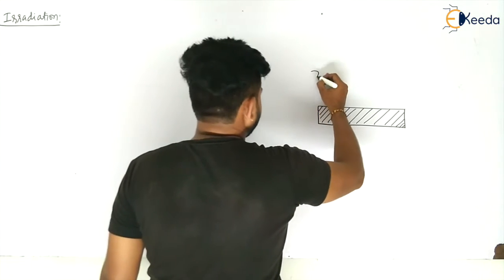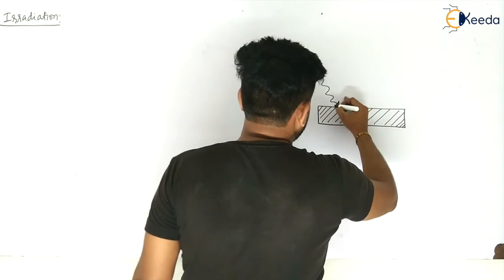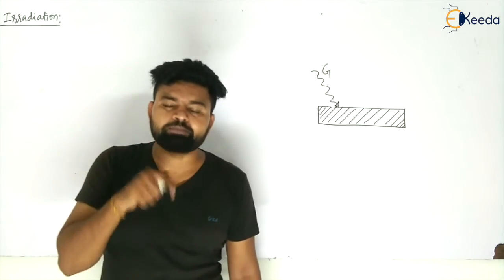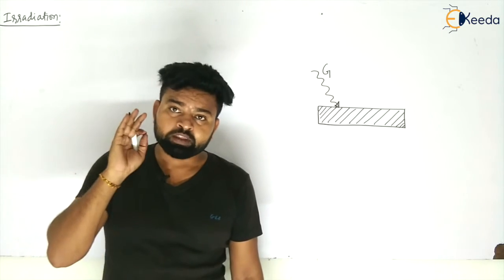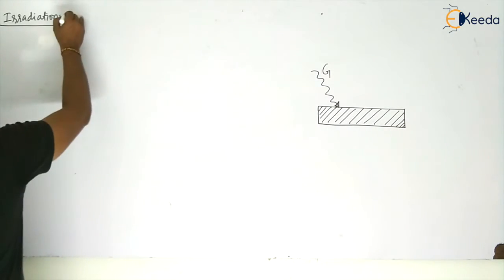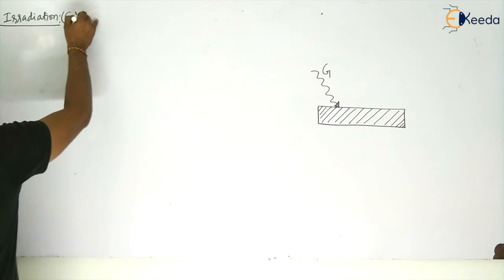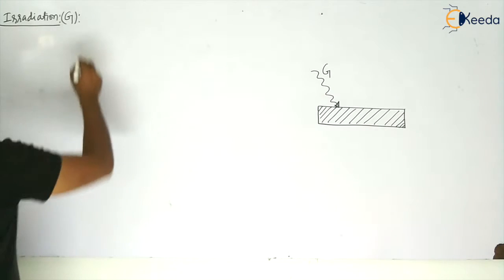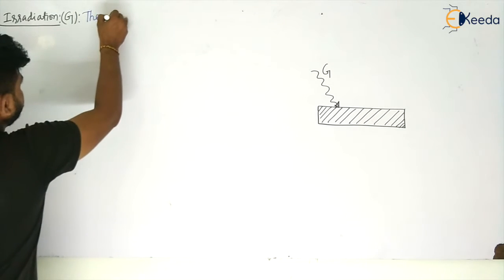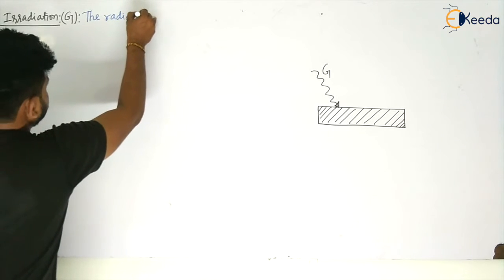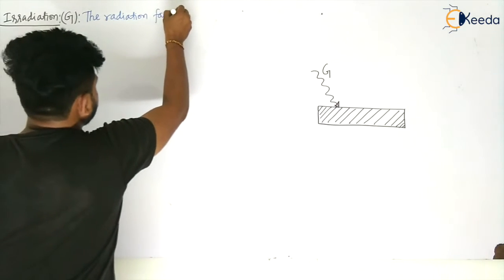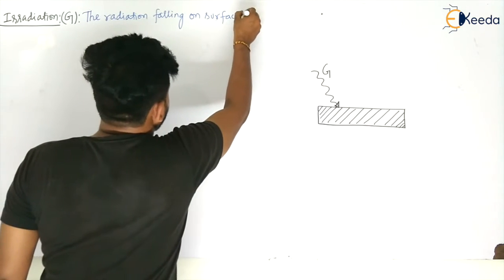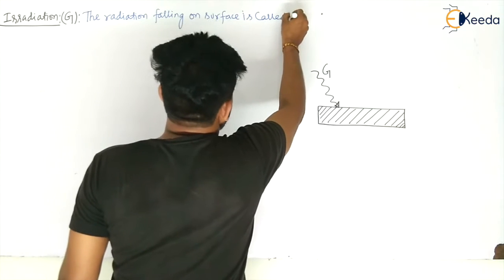Let us say this is represented by G. So the radiation which is falling on the body is called irradiation, and that is defined by G, my dear students. The radiation falling on a surface is called irradiation.